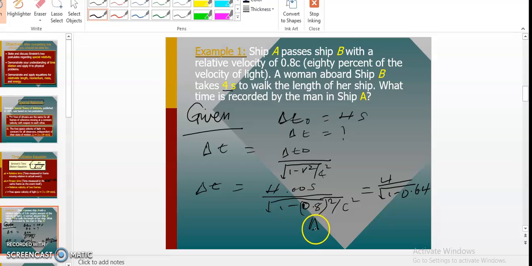This will give us the relative time, delta t, which will be equal to 6.67 seconds. 6.67 seconds, and this is the solution.